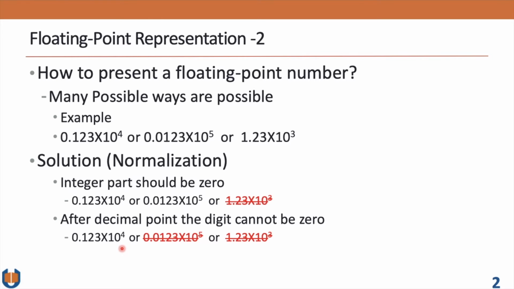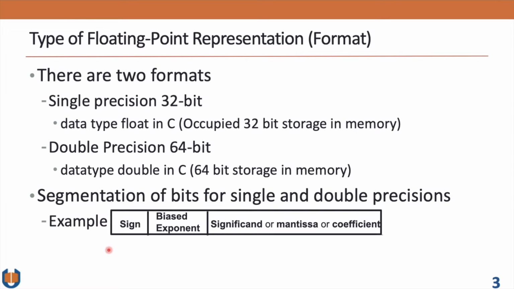Well, so we have a basic syntax, and within the basic syntax we have the normalized format for the floating point number. Now we are going to discuss the formats, I mean the length of the floating point number. There are two formats. One we call the single precision format, which has exactly 32 bits.